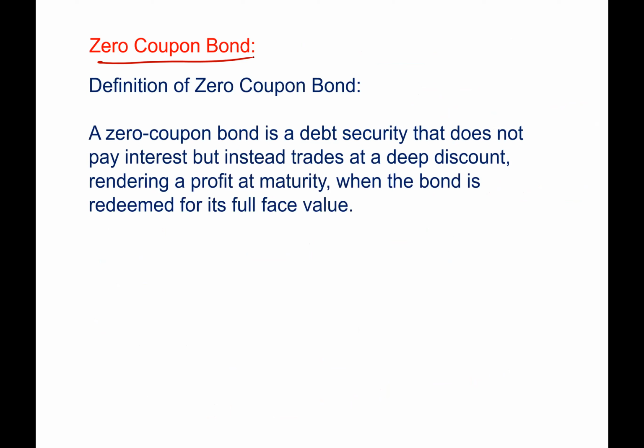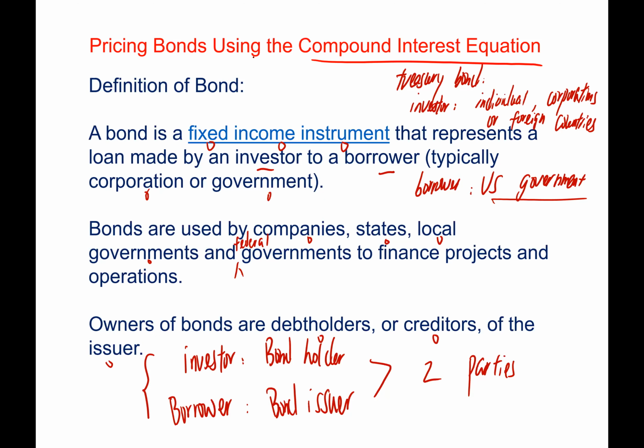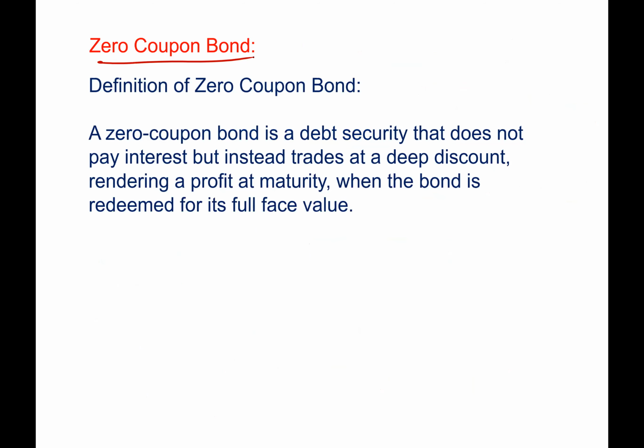For a bond, usually the bond issuer will pay the bondholders interest. A zero coupon bond is a very interesting instrument: it's a debt security that does not pay interest, but instead, when you purchase a zero coupon bond, you get a deep discount.